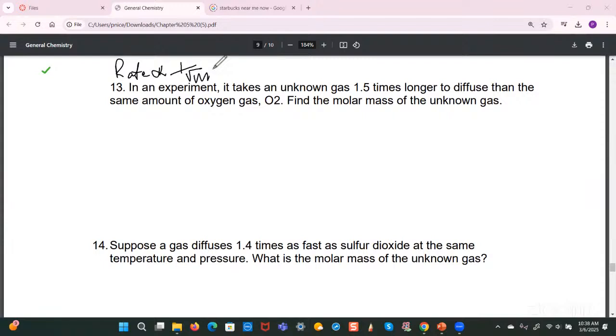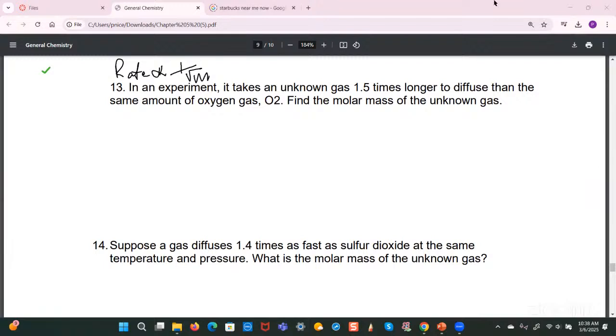But this question says that the gas takes 1.5 times longer, right? So what that means, it's not talking about rate, it's talking about the length of time, all right? So it says it takes 1.5 times longer to diffuse than the same amount of oxygen gas, O2. So it's asking you to find the molar mass of the unknown gas.